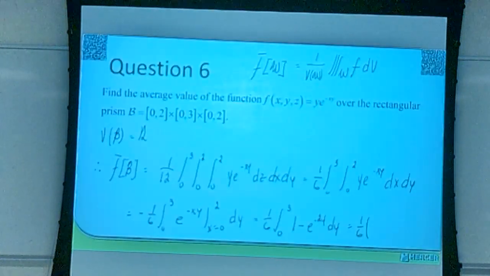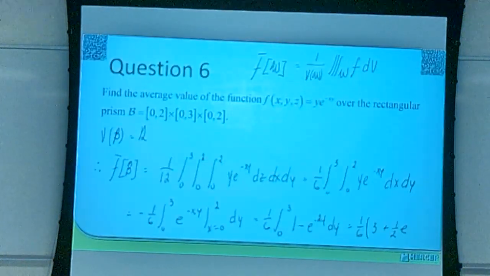No, that one's easy, right? That's just 3. Plus, because you have to be multiplied by a negative, because it's e to the negative 2y, we're going to multiply by a negative 1/2, so that becomes minus negative 1/2, which is plus 1/2.